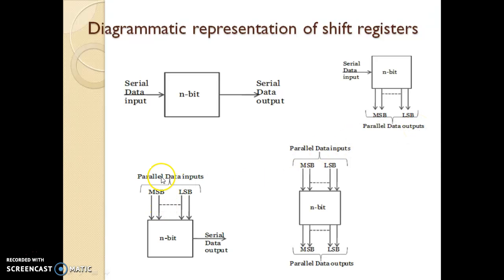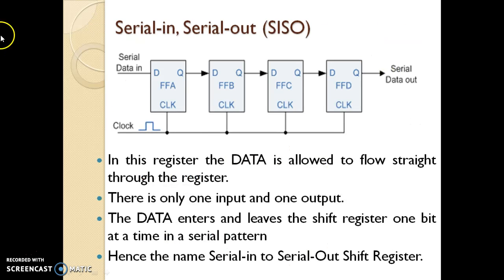Then here we have a parallel input of data and the output is taken as serial, so it is a PISO type of shift register. And here we have parallel input and parallel output, so it is a PIPO shift register. Now let us see the function of each of the four types of shift registers in detail.